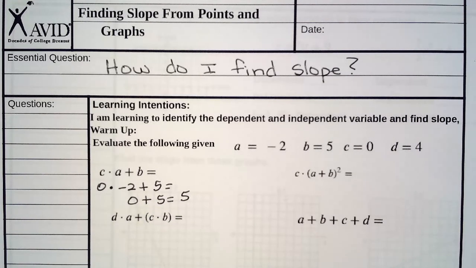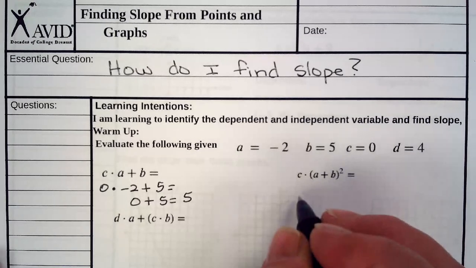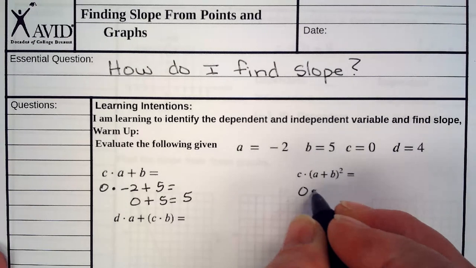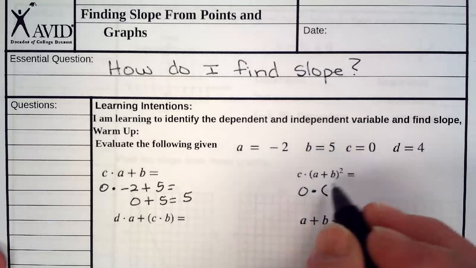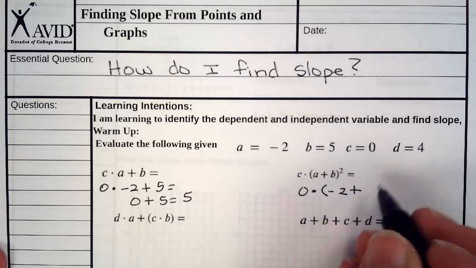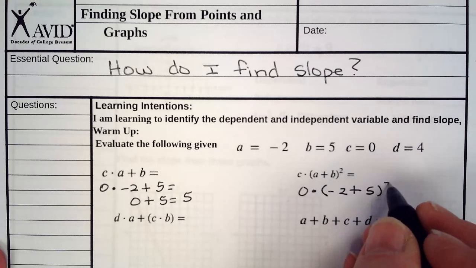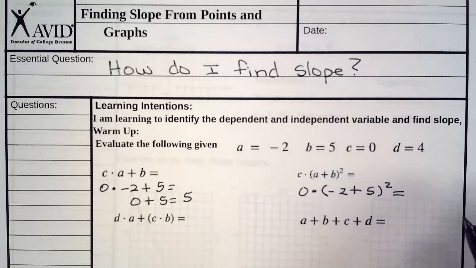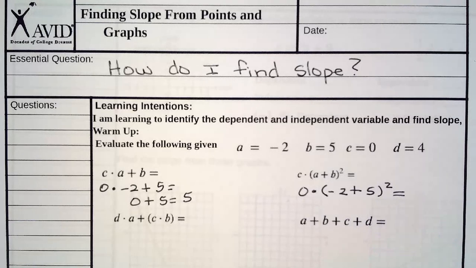So if we're looking at the next one, C is 0. 0 times (-2 plus 5) quantity squared, equals. Now, ordinarily you do parentheses and then exponents and then multiply.